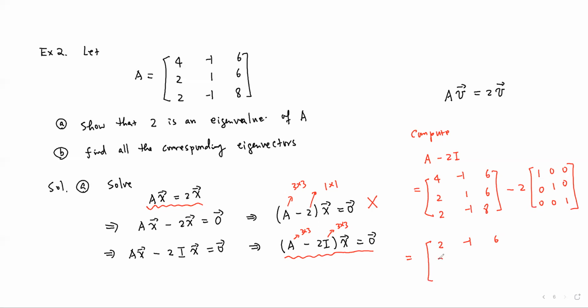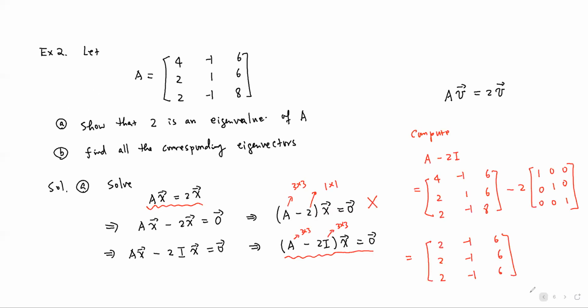The same for the second row: 2, then 1 minus 2 times 1 is negative 1, then 6. Third row: 2, negative 1, and 8 minus 2 times 1 is 6. This is A minus 2I, the coefficient matrix of this linear system. Let me continue my solution on the next page.